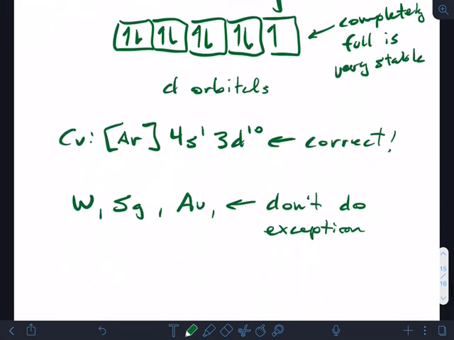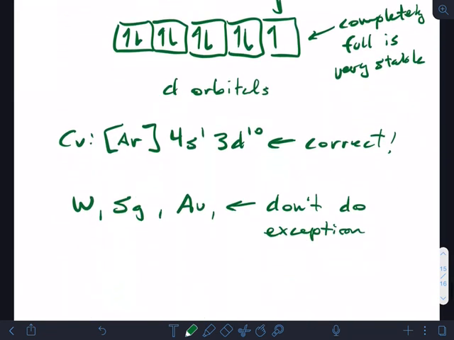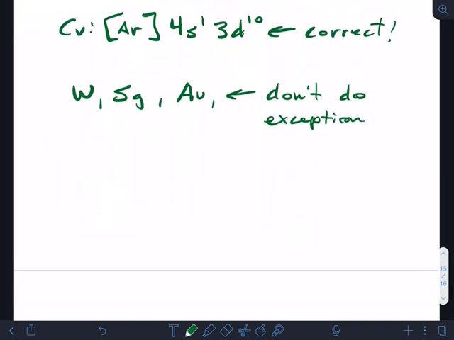Because there's hinky stuff that happens with them, because there's F electrons involved in those guys, so they don't need to borrow the same way. Okay? But the important exceptions are chromium, molybdenum, copper, and silver. Okay, those are important exceptions.